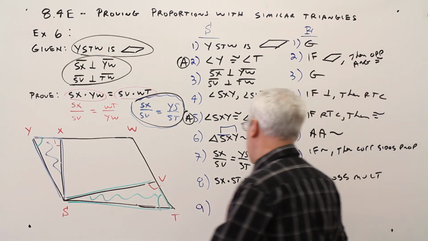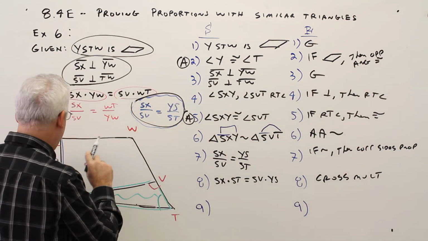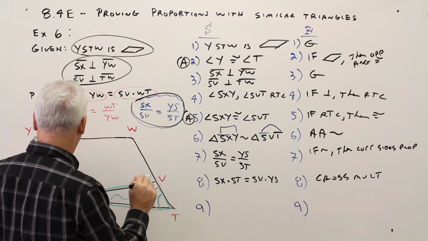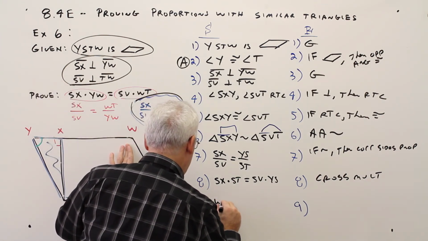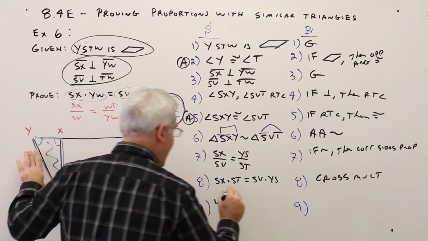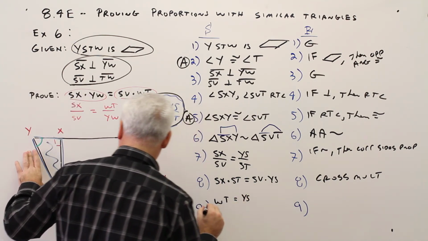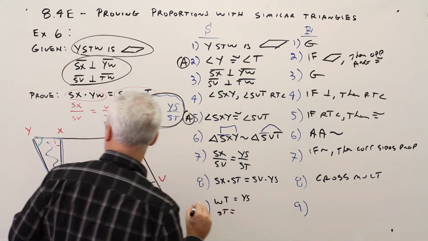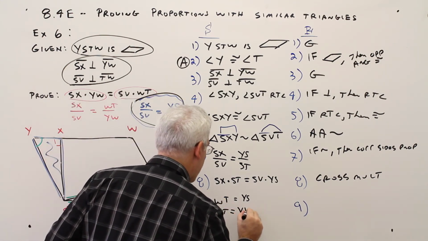Step 9, I'm going to use my parallelogram properties. So I'm going to say WT is the same as YS, and I'm going to say ST is the same as YW.